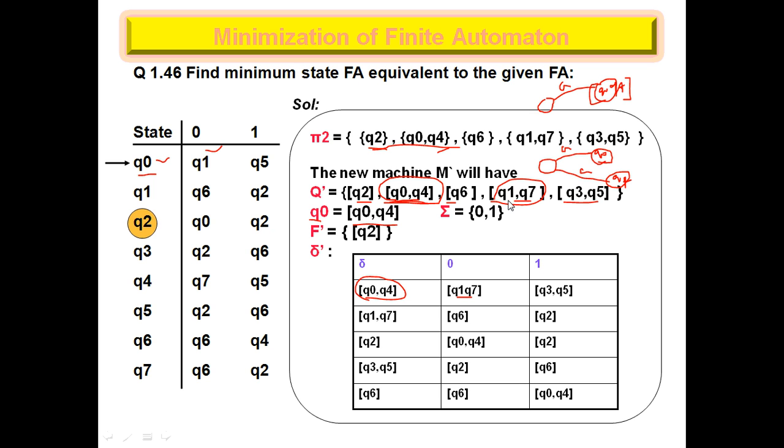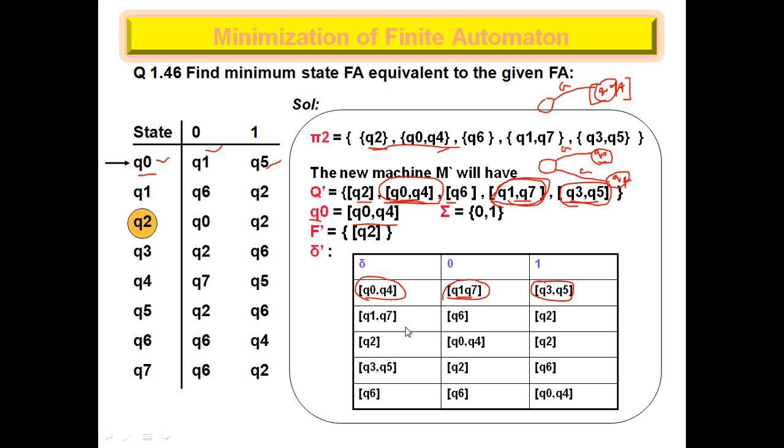The state is Q1 and Q7. By seeing Q0, we reach Q5, but we don't have any Q5 state. The name of the state is Q3 and Q5, because they are the same in nature. By seeing this, we make this transition table. I hope you have understood this.